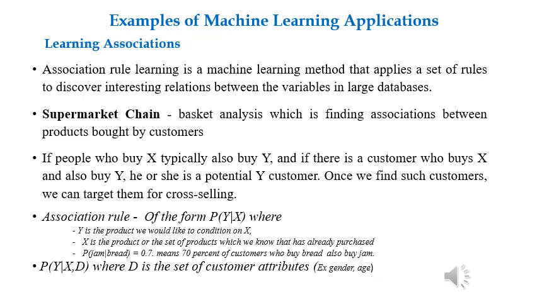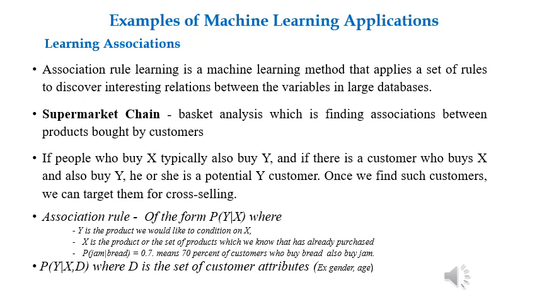Here the association rule can be written as P of Y bar X, where Y is a product we would like to condition on X, and X is the product or set of products which we know that the customer has already purchased. For example, P of jam given bread is equal to 0.7 means that 70% of the customers who buy bread will also buy jam.